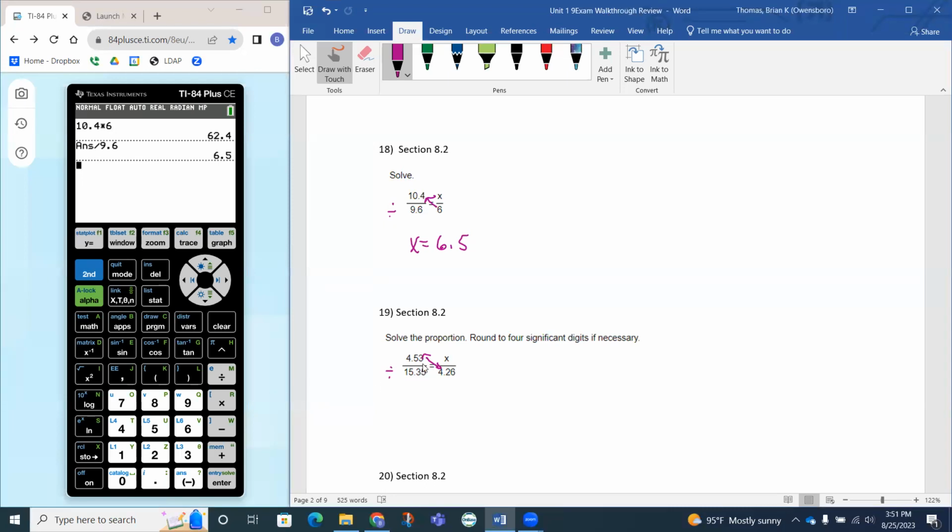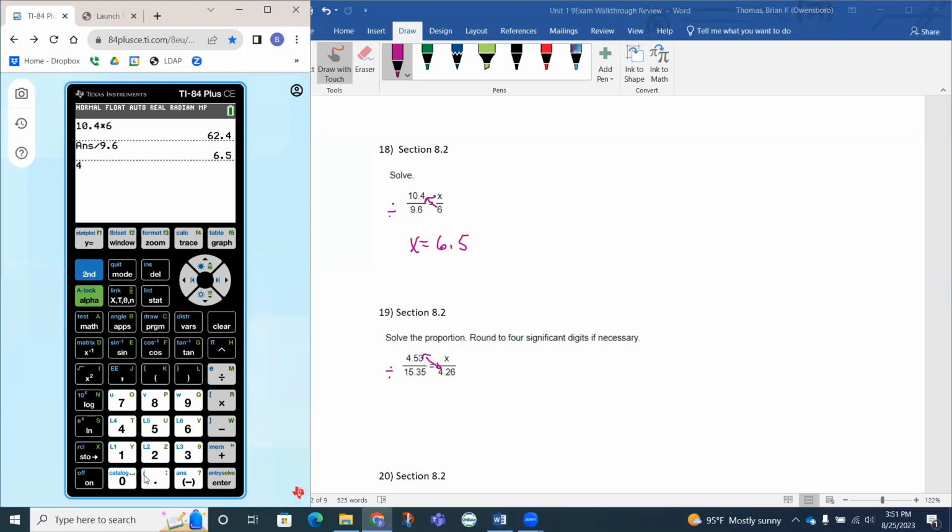So let's multiply the diagonal, which is the 4.53, times the 4.26, get that answer, and then divide it by 15.35. And notice how that one goes out there. So 4 significant digits means to round to the fourth place over, counting the 1 there. So we're going to round to the thousandths place, I believe.